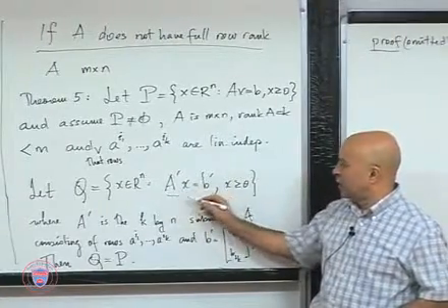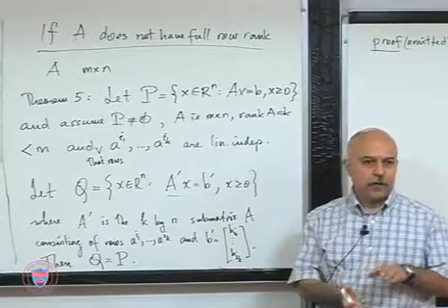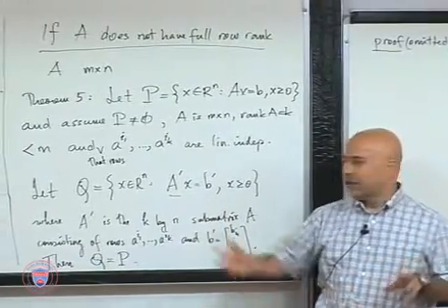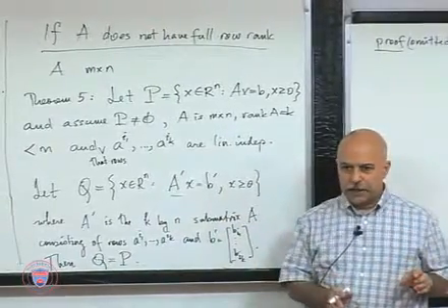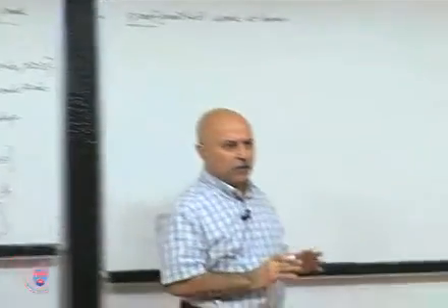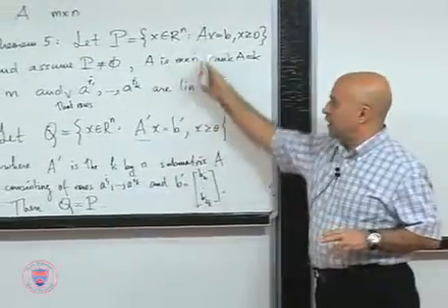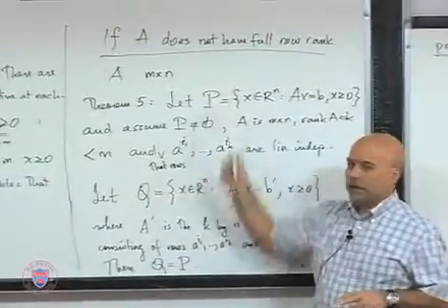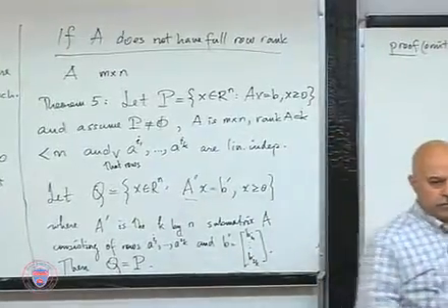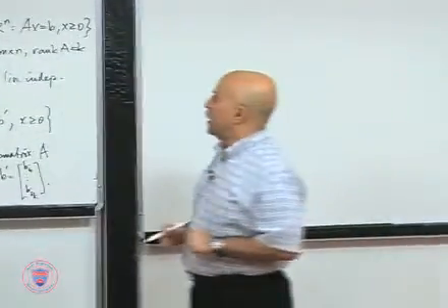So A' in this case will have full row rank. It will be k. So all the theorems that we use will apply to this rather than that. But Q and P are the same, so there's no problem. Okay? All right.